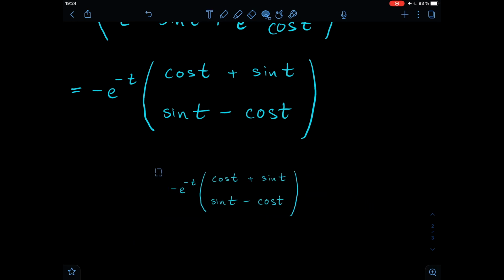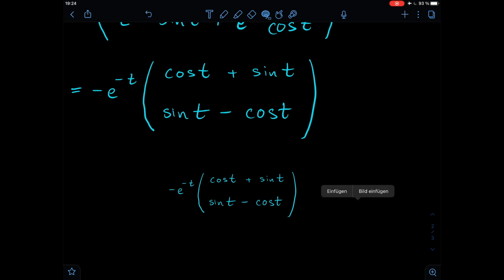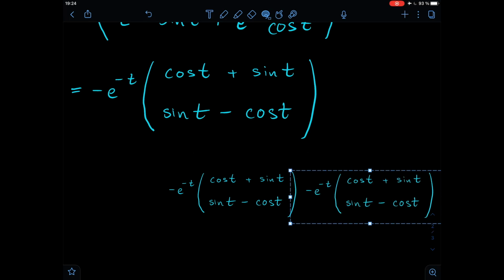So let's copy that once again and put it next to each other. So we have times, and let's put a bracket on here so we are not getting confused with the minus. So we have minus and minus that will cancel each other out, so we can already put that away. So we don't need that, and let's put the e to the power of minus t here.